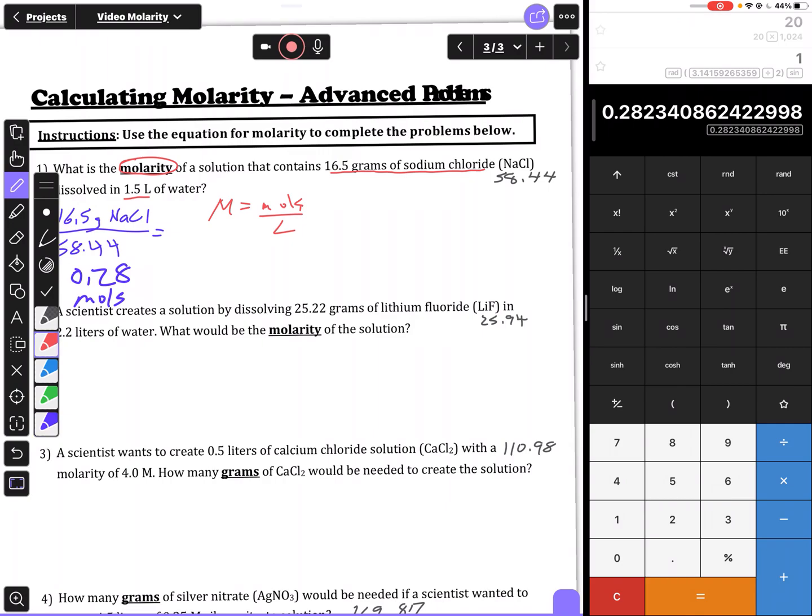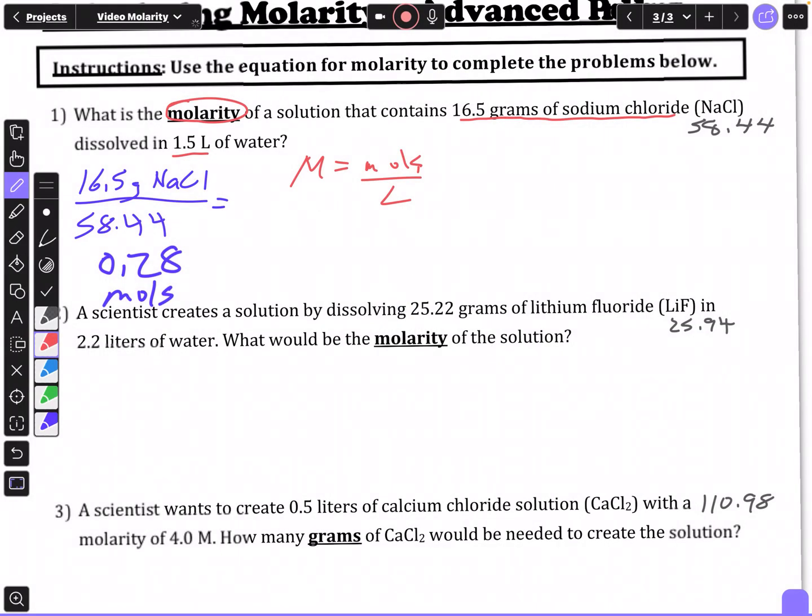I got M equals moles per liter. So when I plug that in, that will become molarity equals my moles, which is 0.28, divided by my liters, which is 1.5.